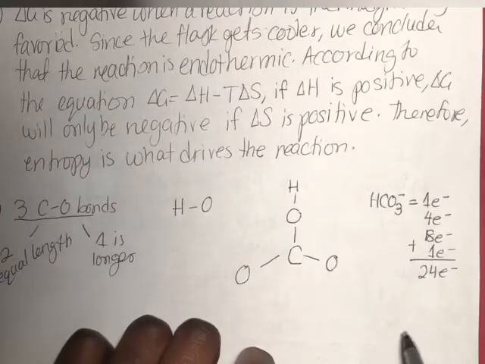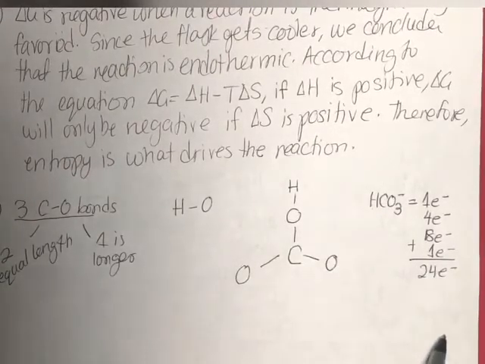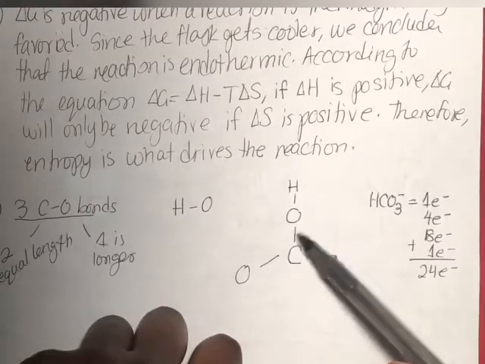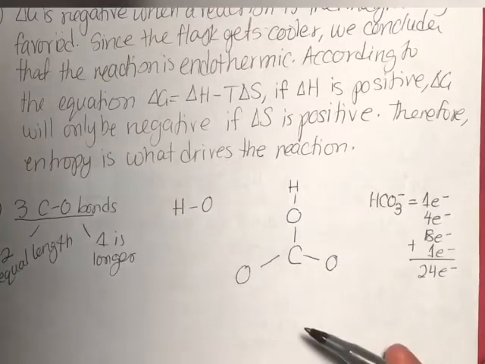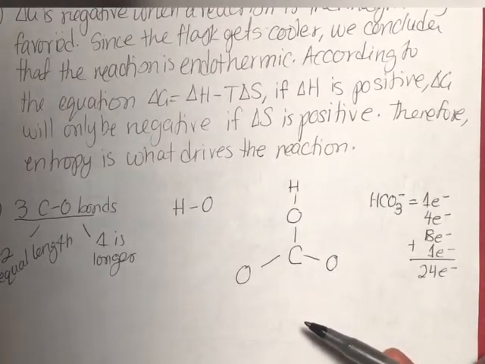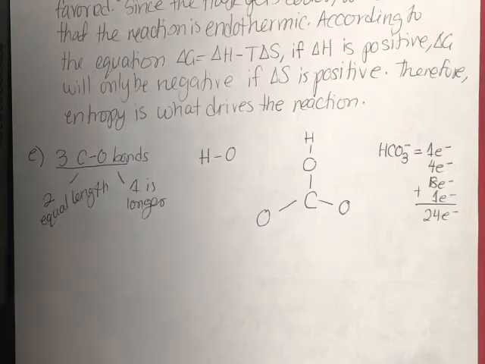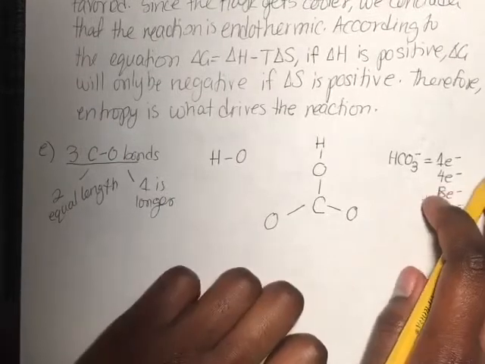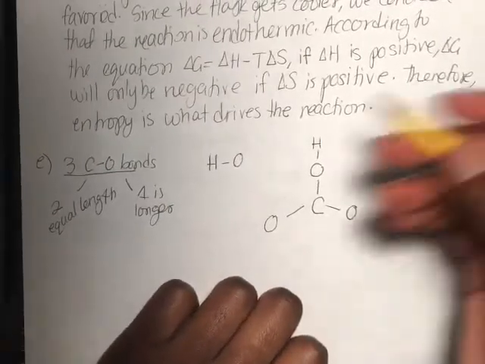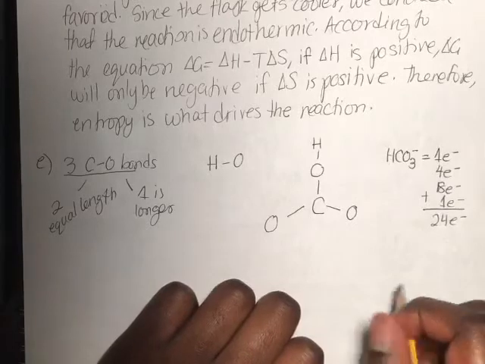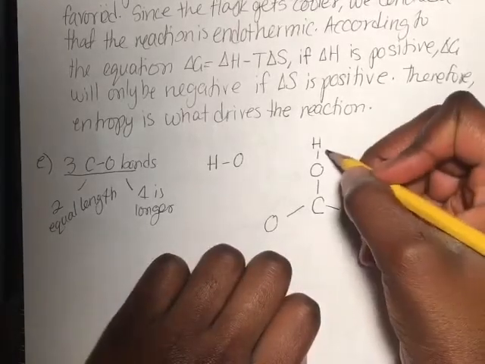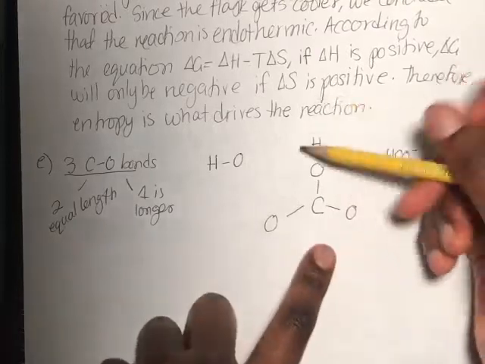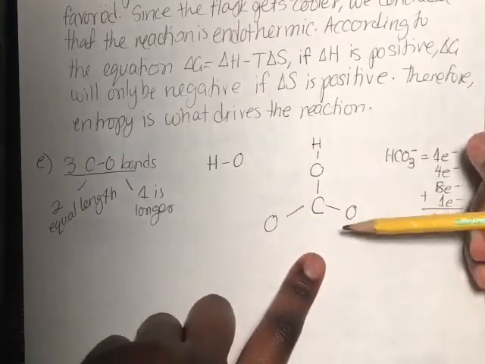So far, we have 1, 2, 3, 4 bonds, which total up to 8 electrons. So we want each of our atoms to be satisfied, right? They have to obey the octet rule, which means they have to be surrounded by 8 electrons. So H is good because it only needs 2 valence electrons to be satisfied, but the 3 O's and the C are not.